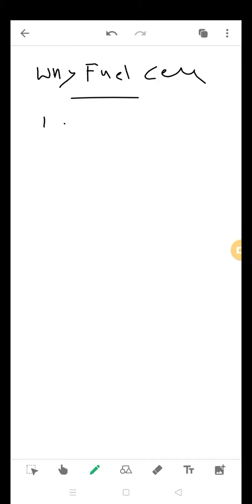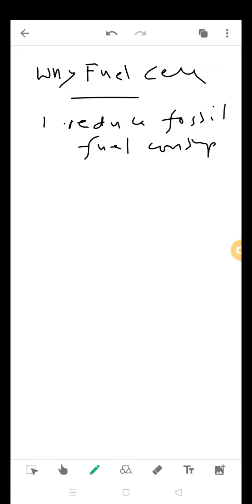And also the byproducts like carbon dioxide are hampering the atmosphere. So to reduce fossil fuel consumption, we need to switch to alternative sources of energy, and one of them is your fuel cell.